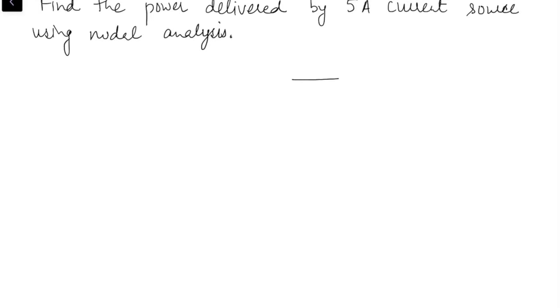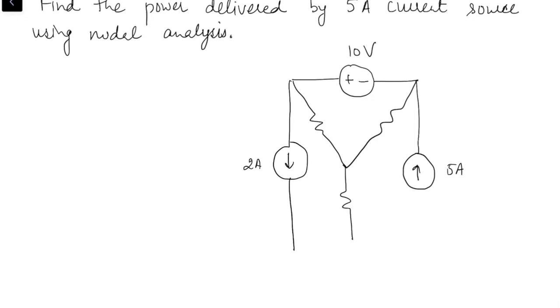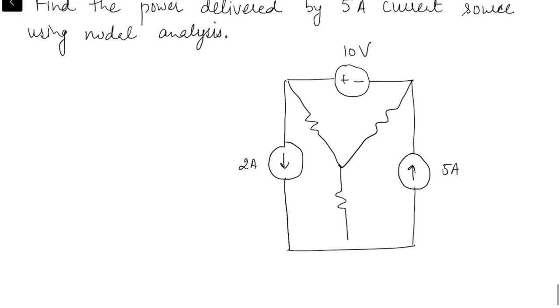The circuit has a voltage source of 10 volts, and then we have a 2 ampere source over here, a 5 ampere source over here, and different resistances.